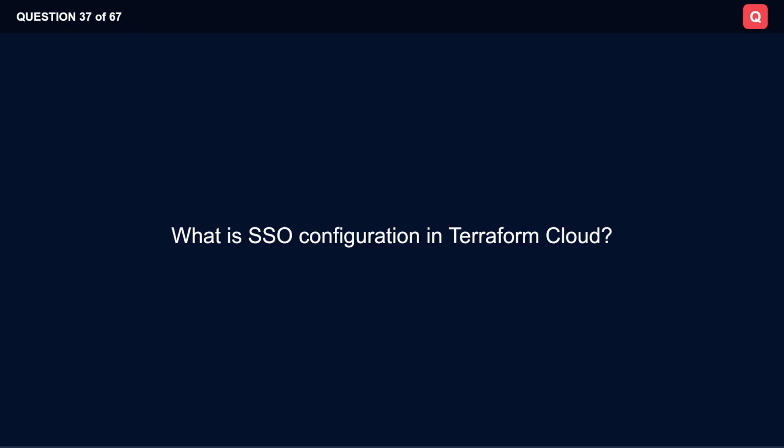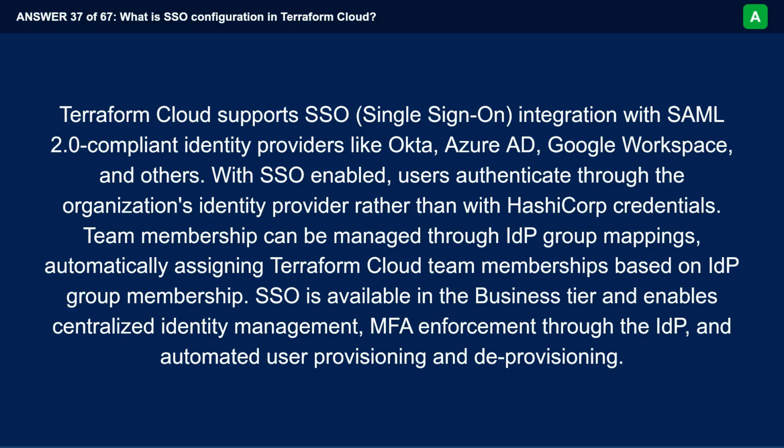What is SSO configuration in Terraform Cloud? Terraform Cloud supports SSO, single sign-on, integration with SAML 2.0 compliant identity providers like Okta, Azure AD, Google Workspace, and others. With SSO enabled, users authenticate through the organization's identity provider rather than with HashiCorp credentials.